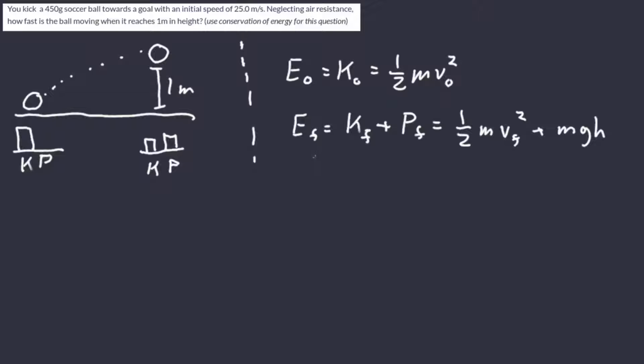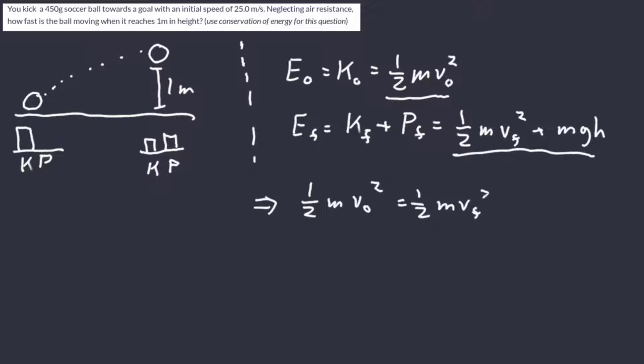So we can plug in the numbers that we have to fill in most of the values in these two equations. We can set these two equal because we know that initial energy is equal to our final energy. So we're left with 1/2 mv0 squared is equal to 1/2 mv final squared plus mgh.